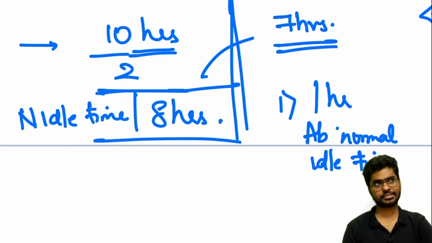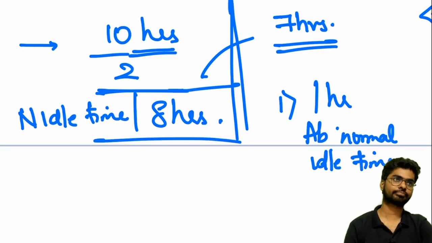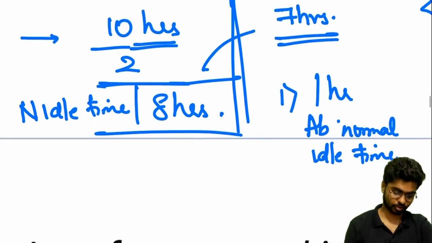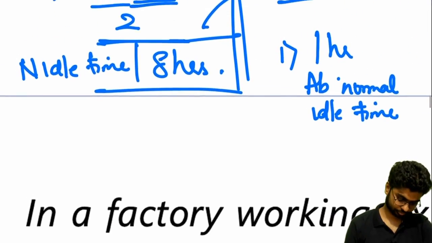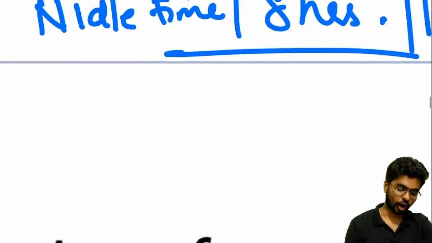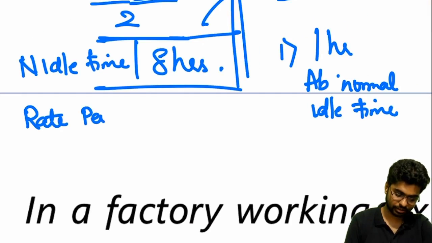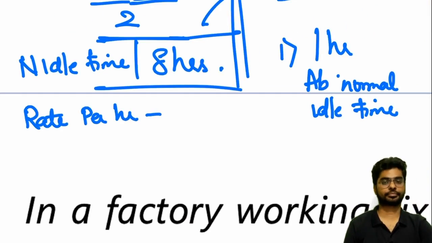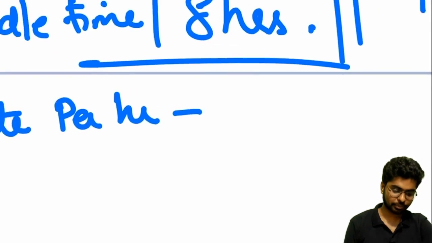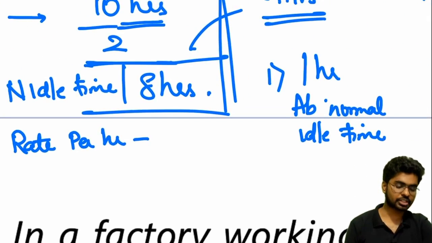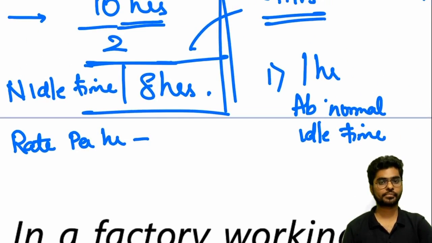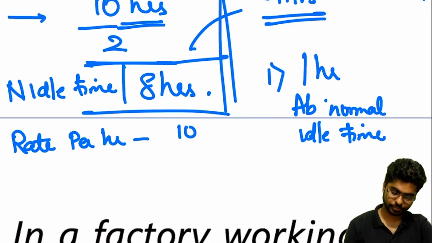Did you all understand this? Okay. Now, see here, what is my rate per hour? My rate per hour will be, what was the total salary I am paying? 100 for 10 hours, that is 1000, right?